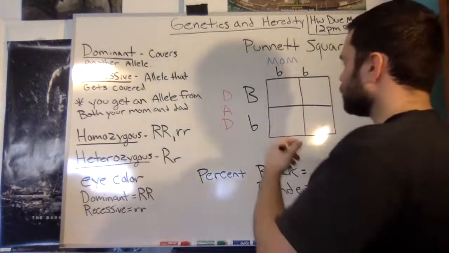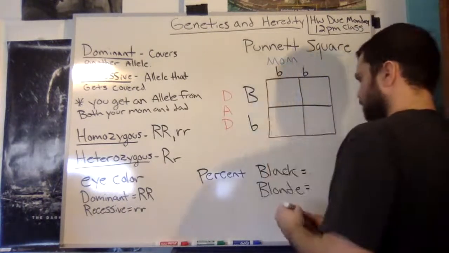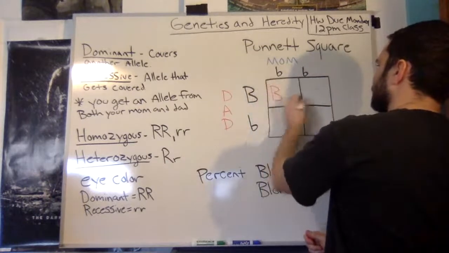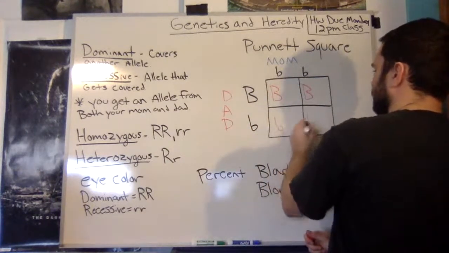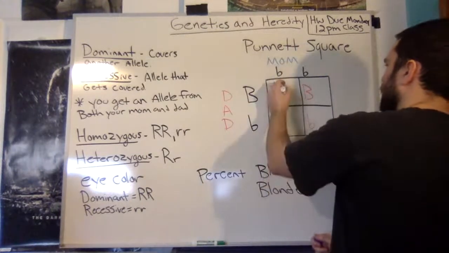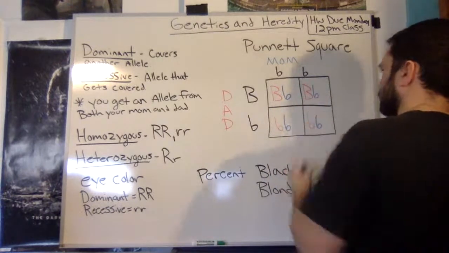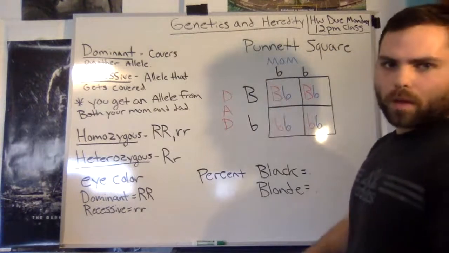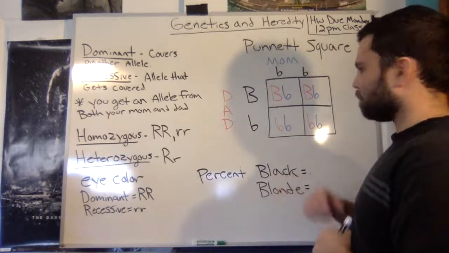Okay, so now we're going to follow these across, right? So let's keep red for dad. Big B, big B. Bring it over, little b and little b. Bring down mom's recessive genes. So for the first square, what am I writing? Am I going to get black hair or blonde hair?